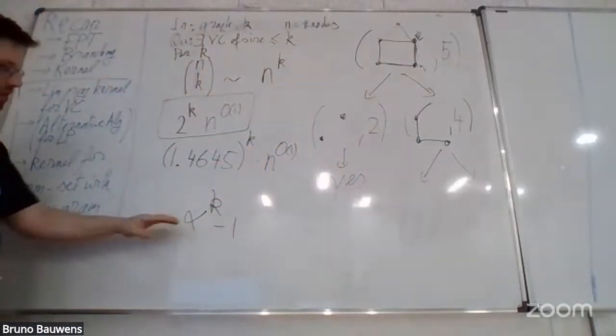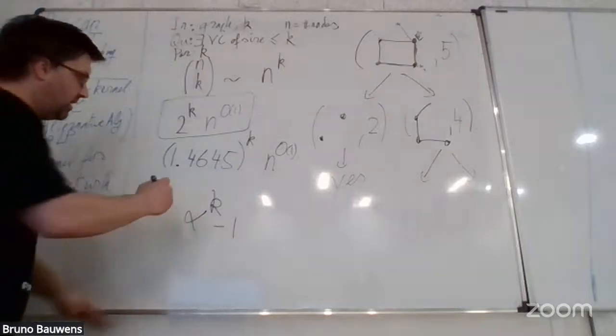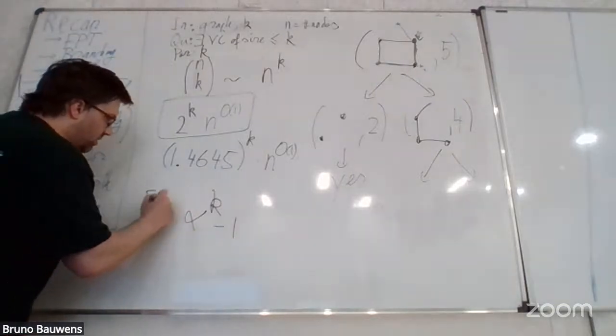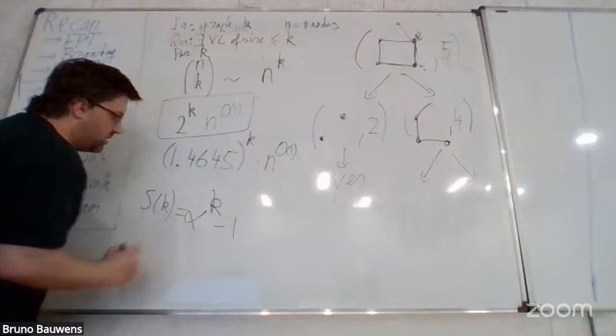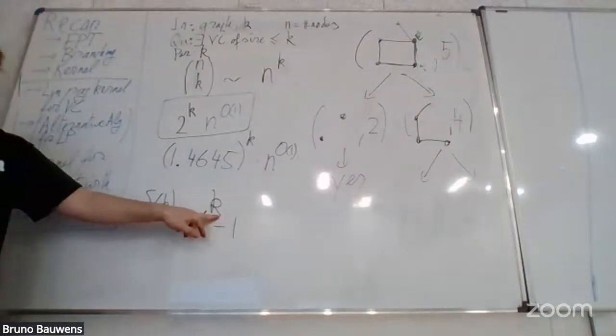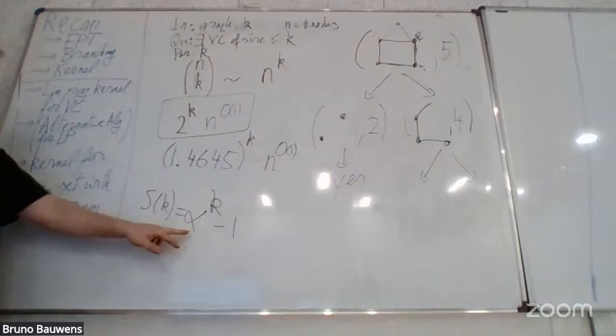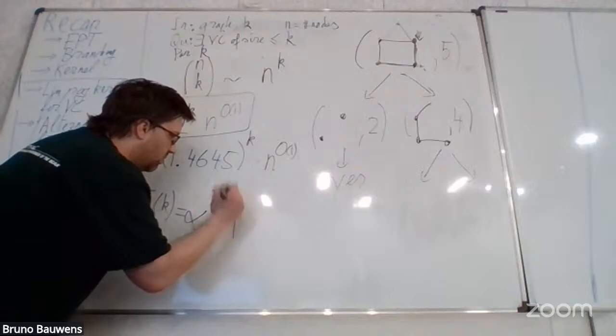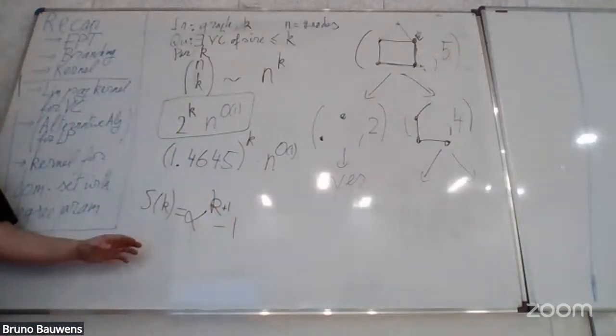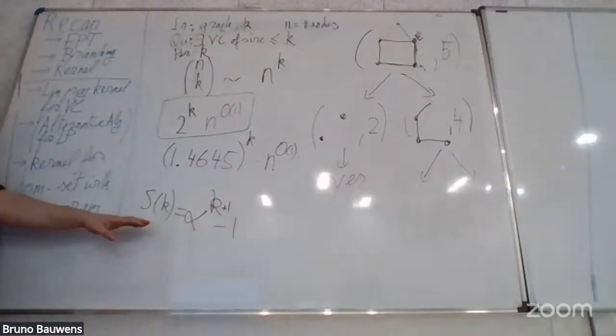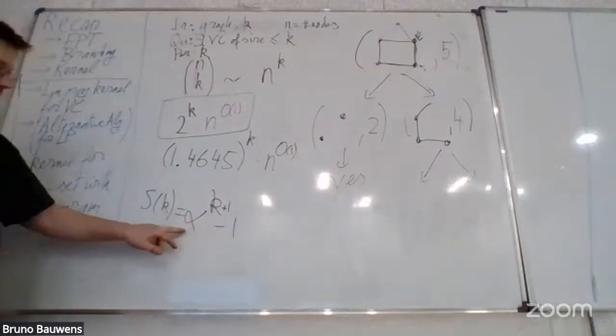And so we will guess the size, the number of nodes for k, is alpha to the power k plus 1, minus 1. If k equals 1, there is just 1 node.